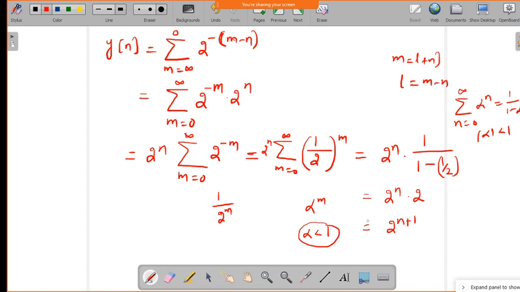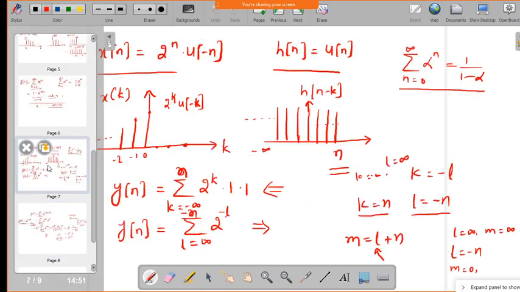This exists only for y of n equal to 2 power n plus 1, where k exists from minus infinity till the value of n.